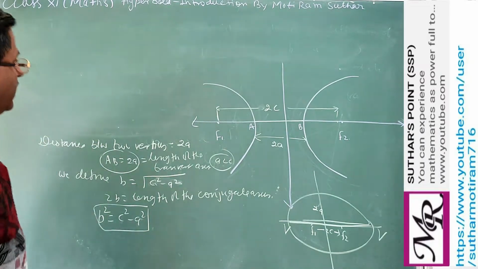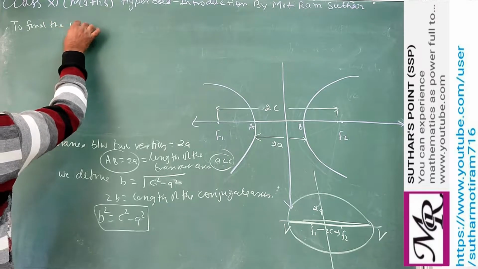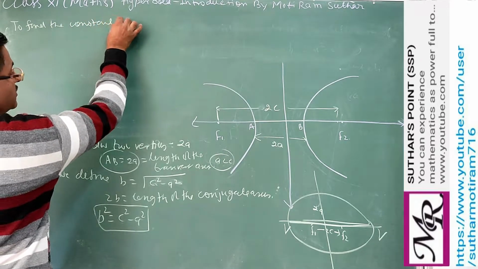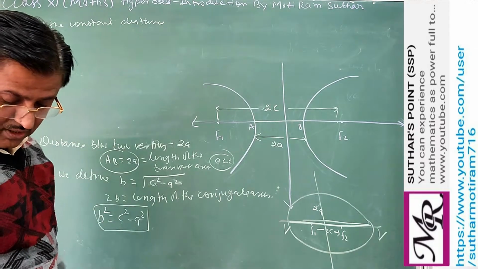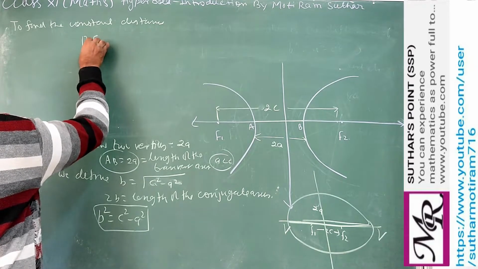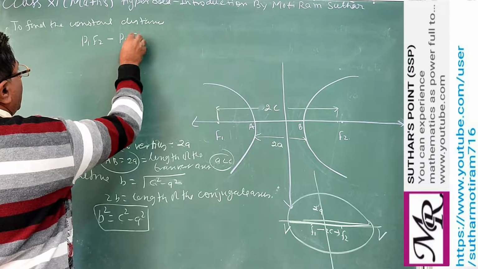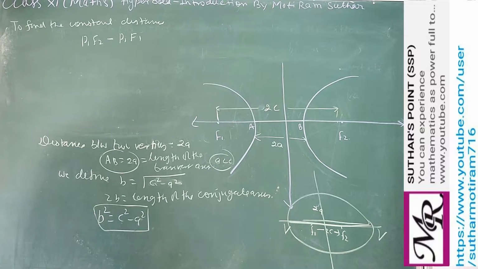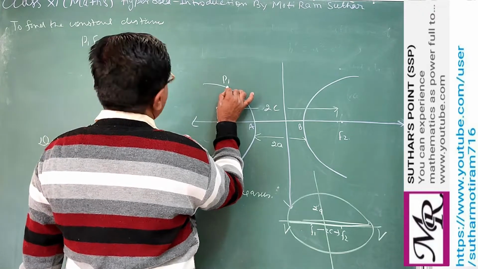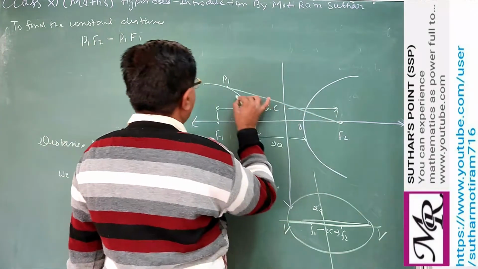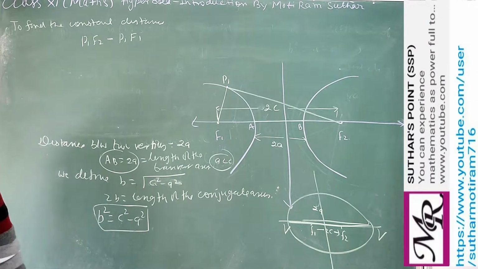To find the constant distance, that is P1F2 minus P1F1. Suppose any point here you can take as P1. So P1F2 minus P1F1. Clear?